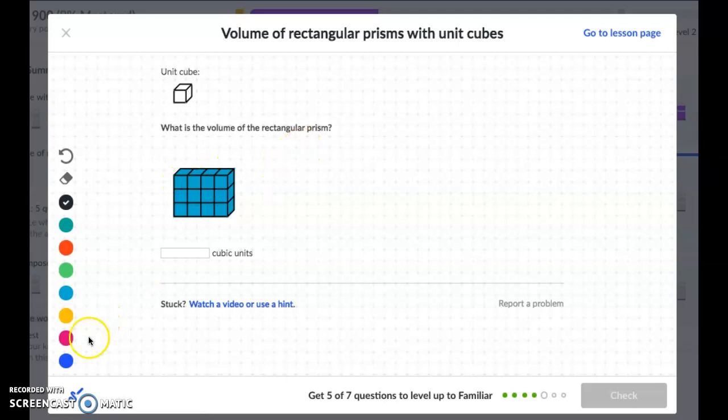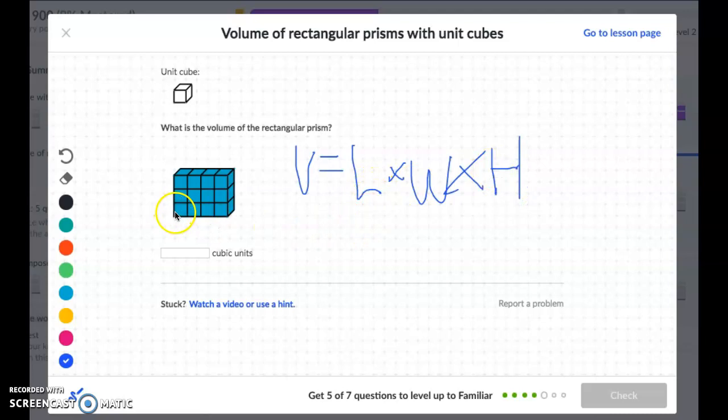If I wasn't sure and I wanted to, I could do my volume equals length times width times height, because I just look at my length, and it's 4 across. Then I look at how wide it is. It's only 1 wide, only 1 deep, times how high is it? 3.